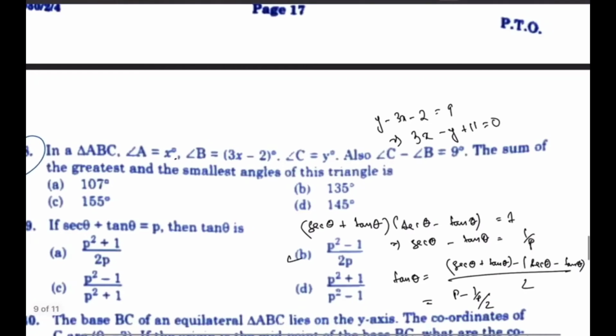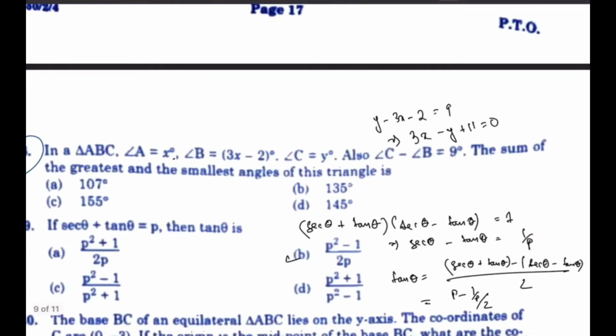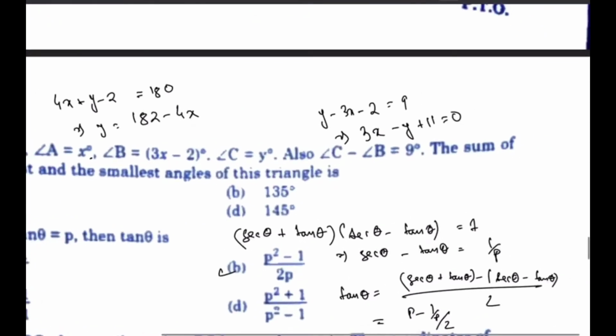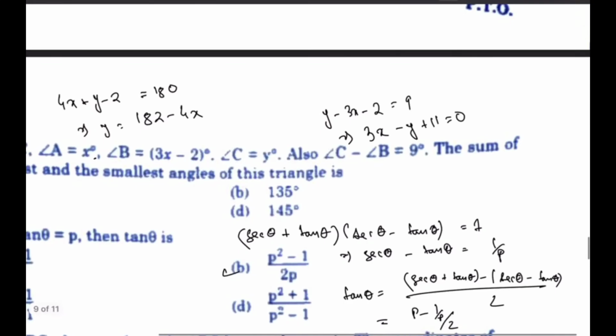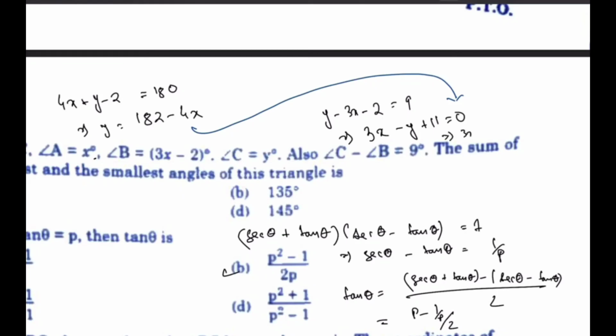And x plus 3x minus 2, so 4x minus 2 plus y, 4x plus y minus 2 is 180, implies y equal to 182 minus 4x. Can we somehow use that here? Yes, we can. So if we make this substitution, then what we are getting is 3x minus 182 plus 4x plus 11 is 0.